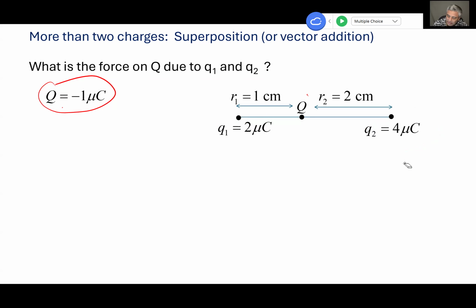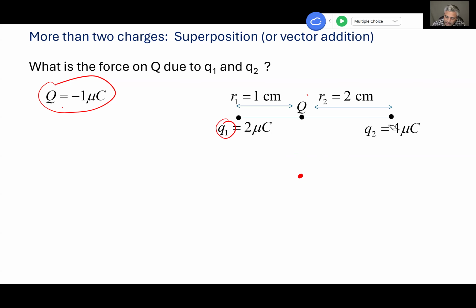So can you draw, let's say here is that charge Q. Can you draw the force due to Q1 on Q? Let's say that is F1. Is that in that direction or that direction? Draw it here on this dot. Which one is that?